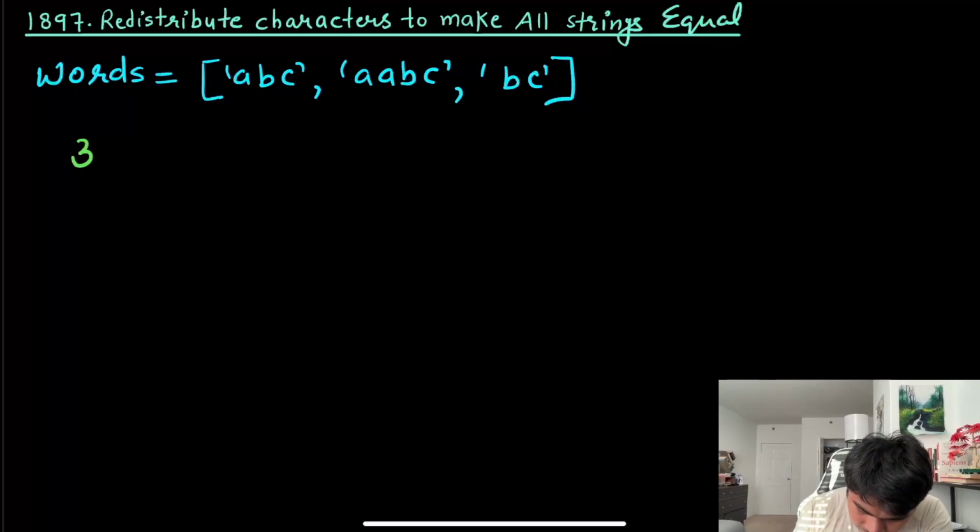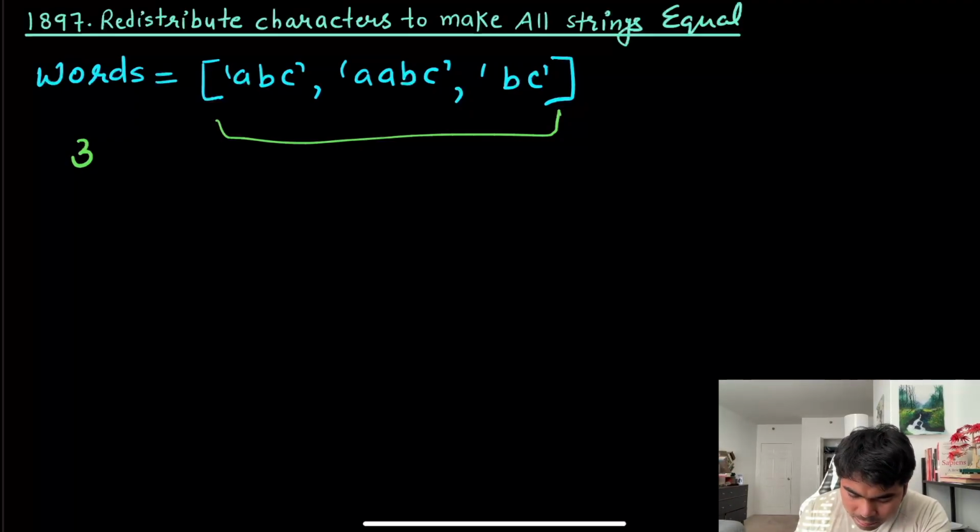Basically, I'm going to combine all of these strings and count the frequency of each character, and check that their frequencies are equal to 3, because that is the size of words.